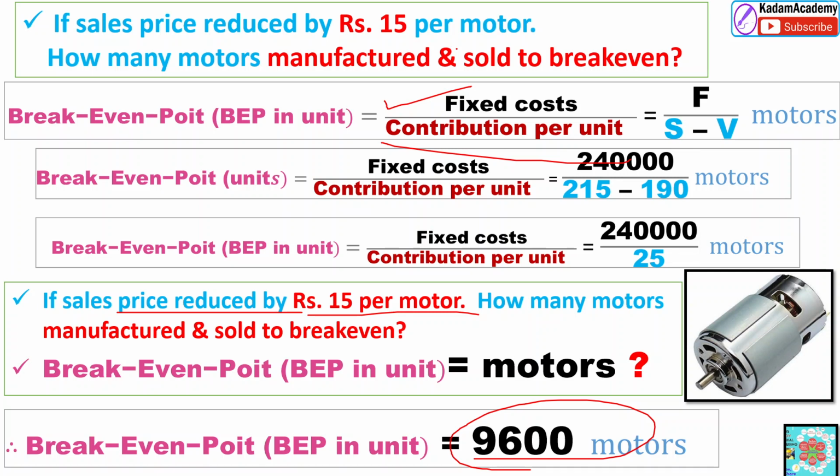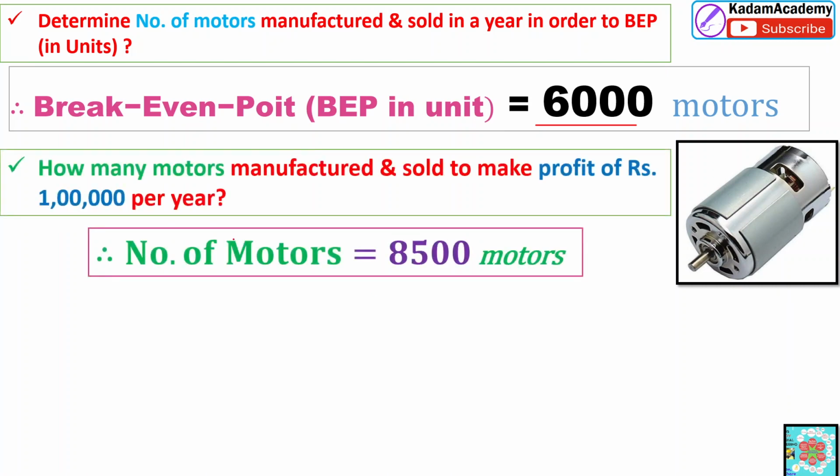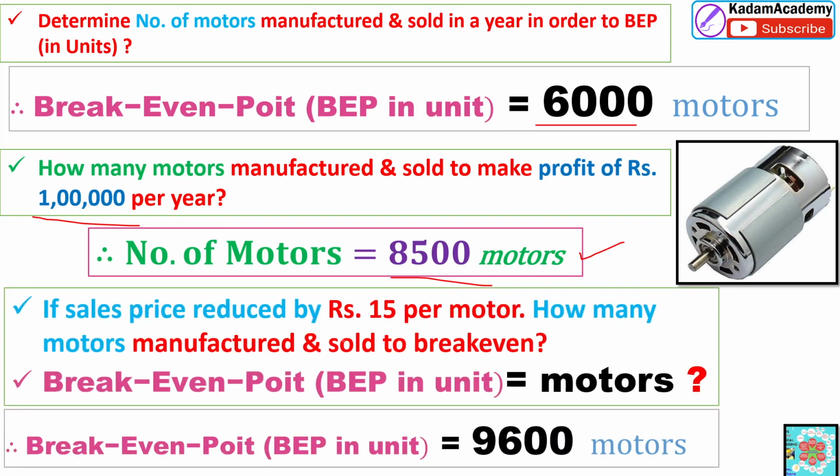Since the contribution per motor is less, the number of units to be manufactured increases. Before reducing the price, the number was 6,000. For 1 lakh rupees profit, we needed 8,500 motors. After reducing the price by 15, the 6,000 becomes 9,600. So break-even is increased. When we reduce the price, the break-even automatically increases.